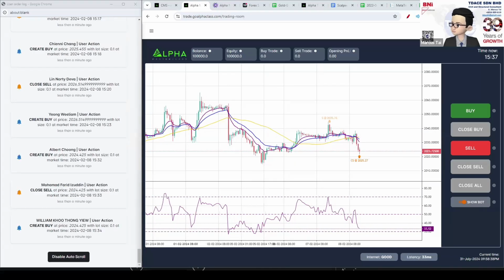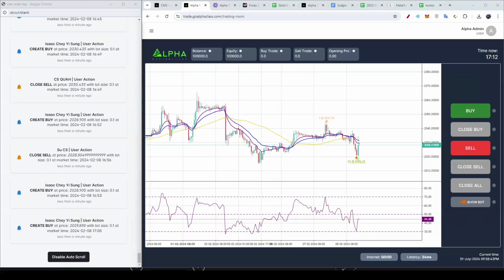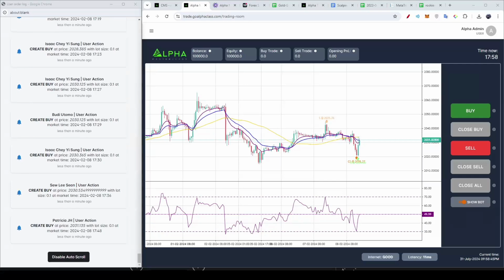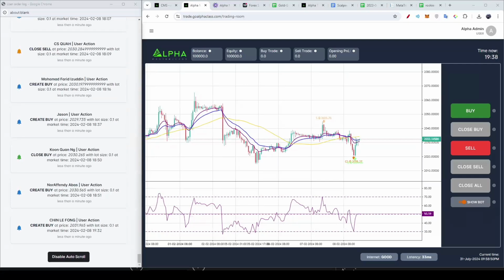Oh shit. Whoa. Booty buy already. Booty bought already. No, Afidi buy already.